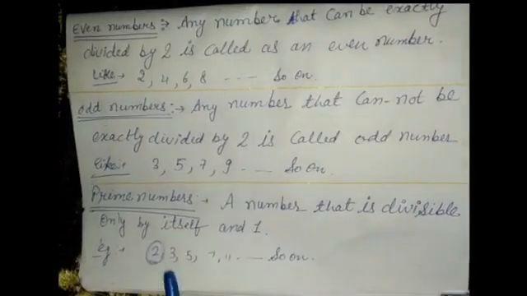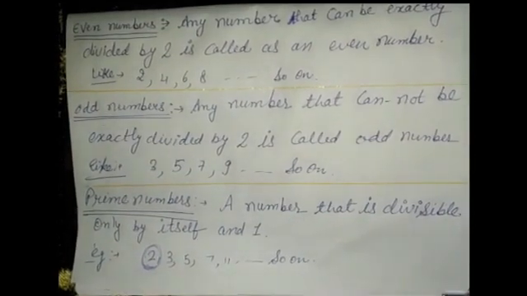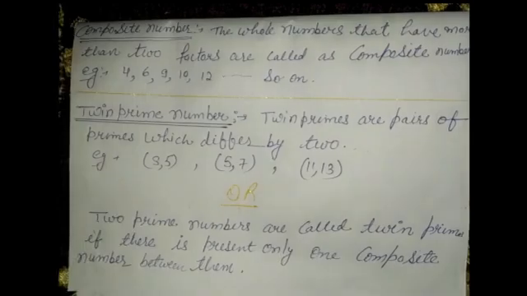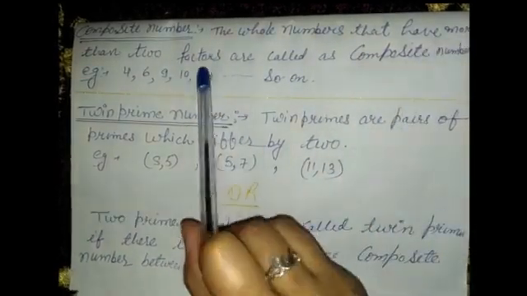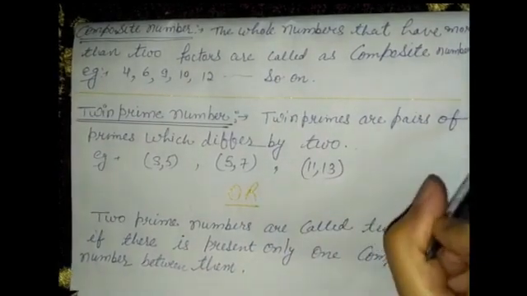See, 2, 3, 5, 7, 11, these numbers cannot be completely or exactly divisible by any other numbers, so we can say these numbers are prime numbers. Next is composite numbers. The whole numbers that have more than 2 factors are called composite numbers.